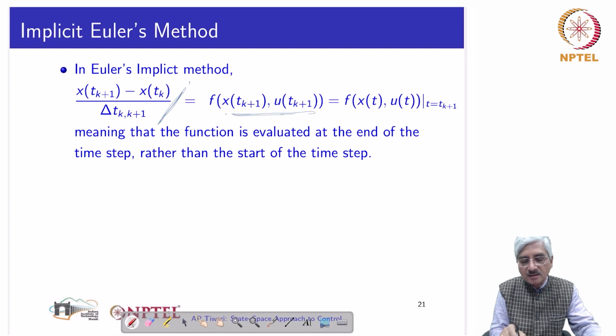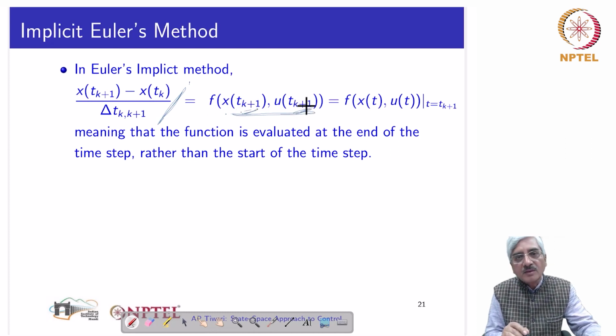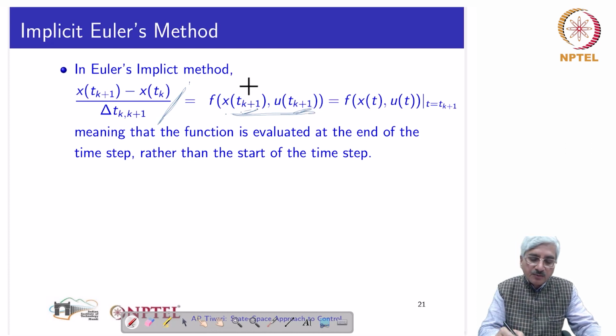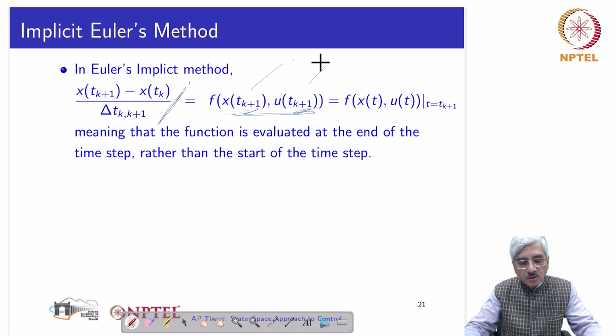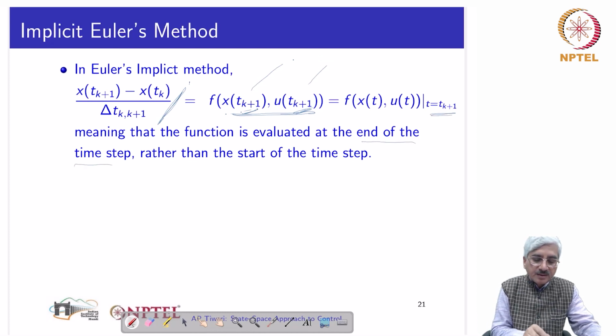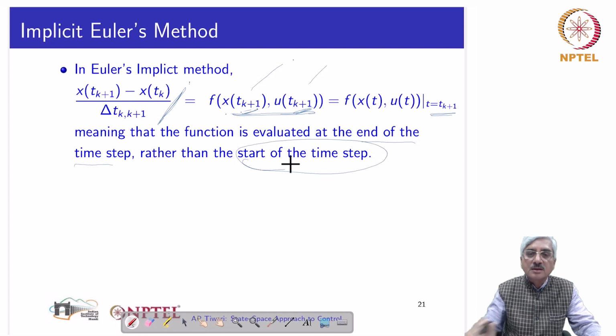However, on the right hand side you can see the function is now evaluated at tk plus 1, and the input is utilized at tk plus 1, whereas in Euler's explicit method we had tk and uk. So the derivative is to be evaluated at the end of the time step rather than the start of the time step, which was done in Euler's explicit method.